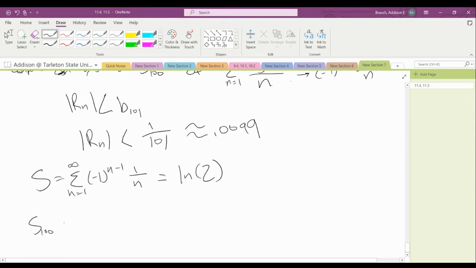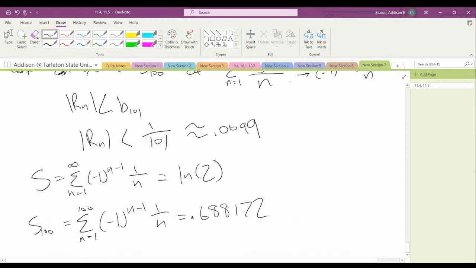And our partial sum, if we plug that into a calculator, is equal to 0.688172.